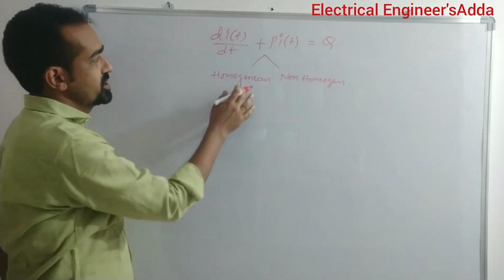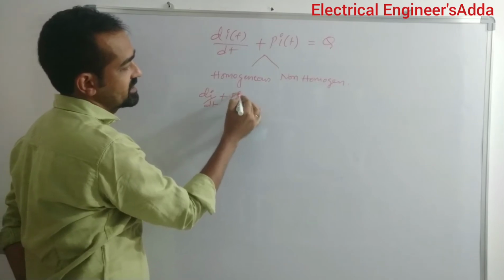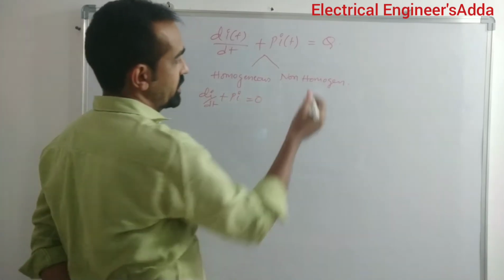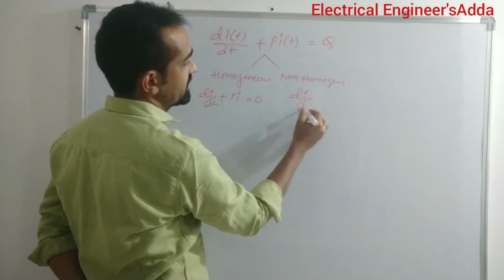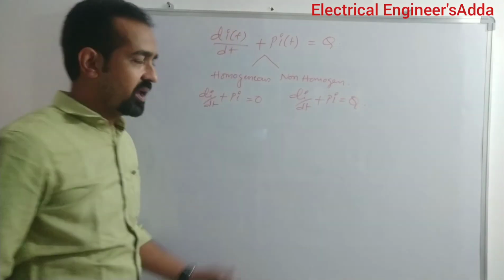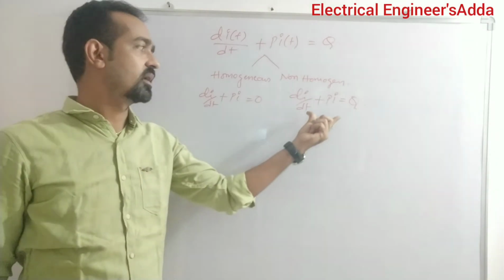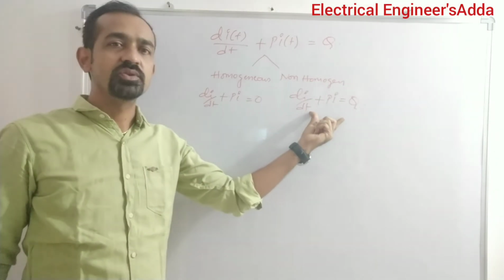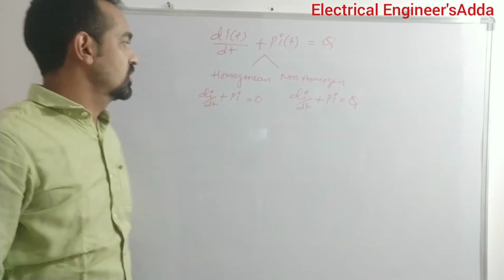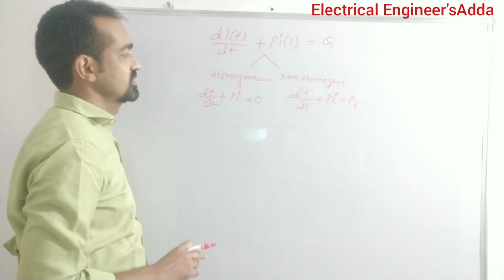Homogeneous means di/dt plus p i equal to 0. Non-homogeneous means di/dt plus p i equal to q. We have to find the solution for both, first the homogeneous one.